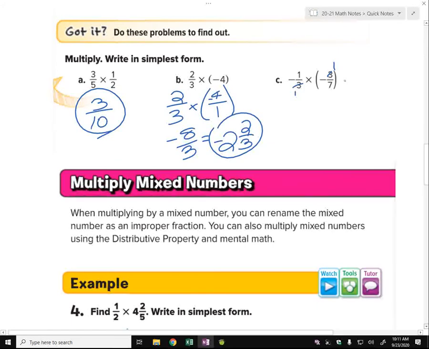So now I just have -1 times -1 over 1 times 7, which comes out to be just a positive 1/7. Negative times a negative. I need to write that differently. -1 times -1. There we go. That's prettier.